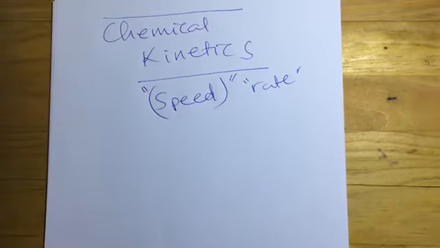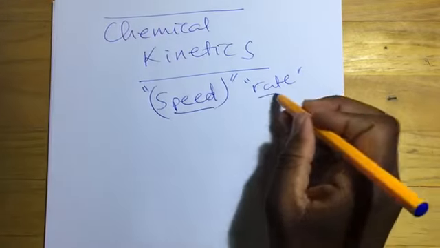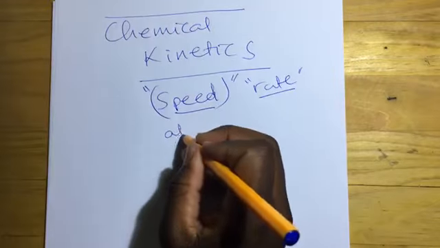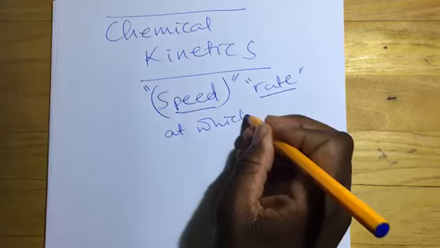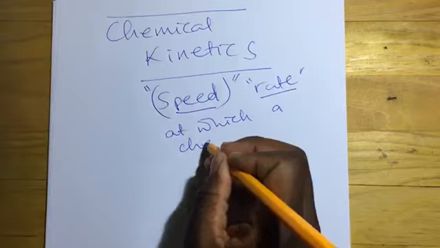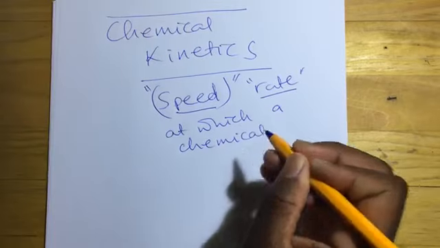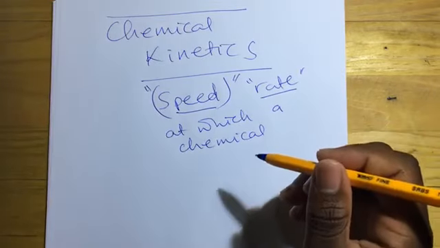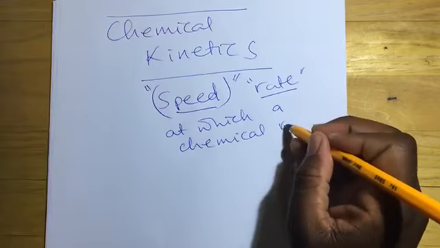Okay. So, chemical kinetics. Basically, we will be looking at the speed or the rate at which a chemical reaction occurs. Nasilele, hello.